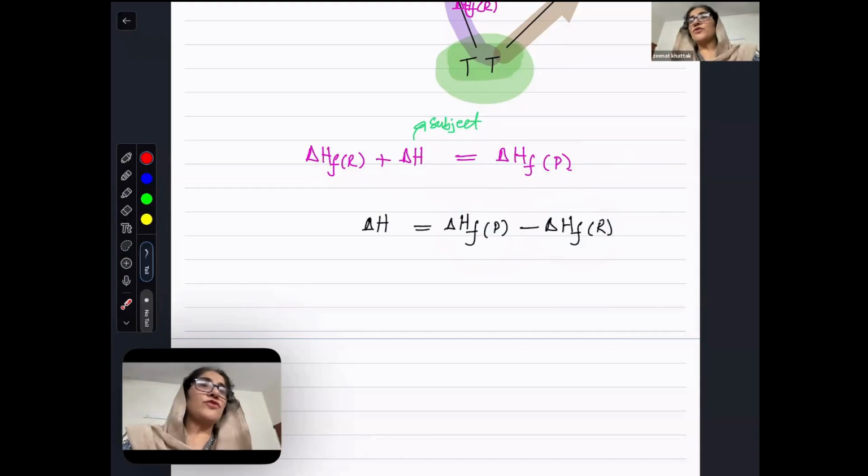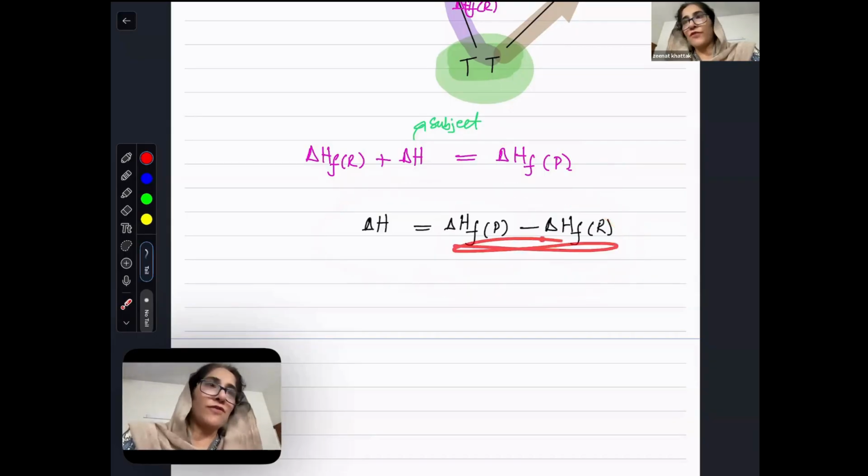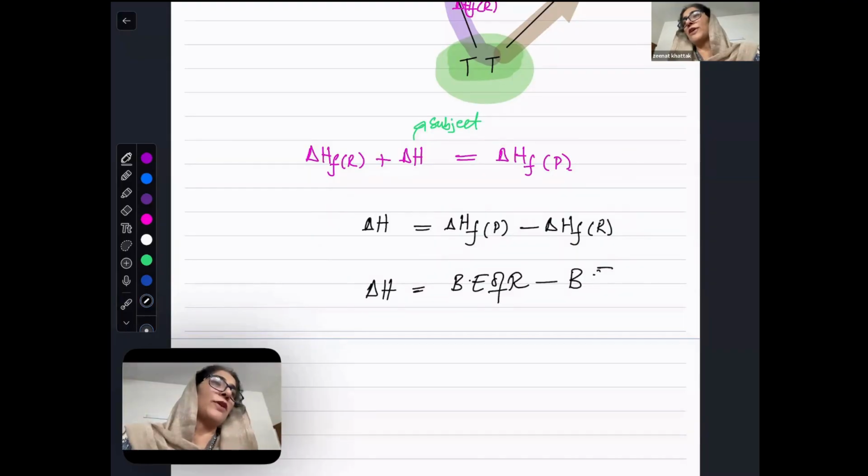So you are supposed to know how to use the enthalpy changes of formation and bond energies. If it is bond energy, it is bond energies of reactants minus bond energies of products.